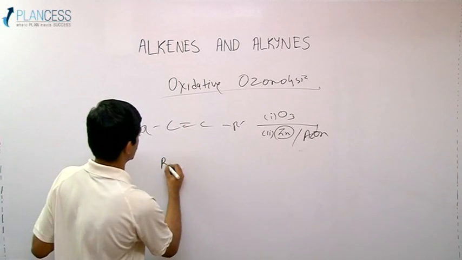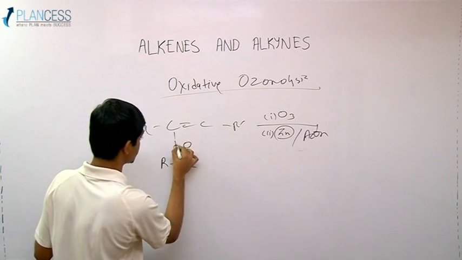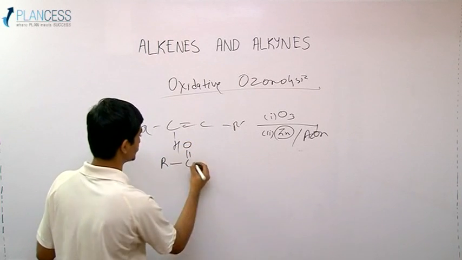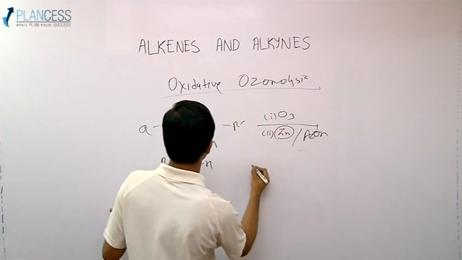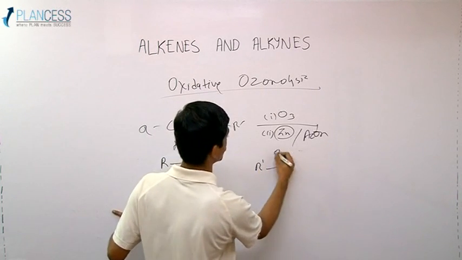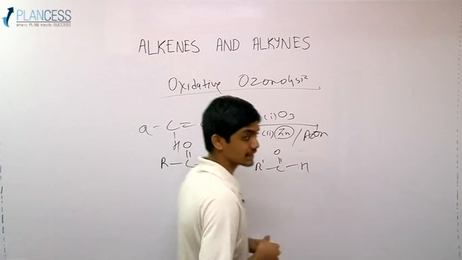In this case R-C double bond O. If this is H, then we get an aldehyde, and if this is H, then again we get R'-C double bond O-H. If suppose they are R groups, then we will obviously get the ketone.